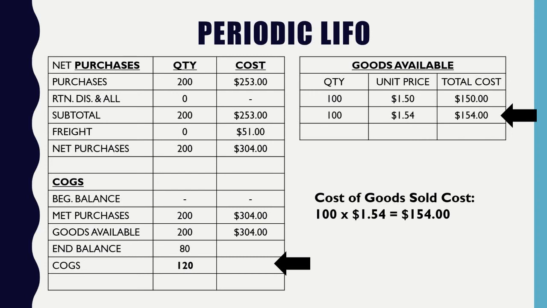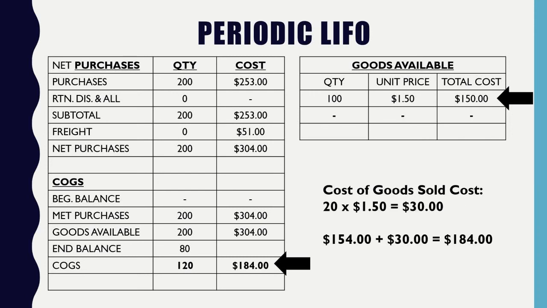So therefore, if I got rid of my last batch, I only have one batch of inventory left, which is the first one, okay? Which is $1.50 each. But in this case, I'm not taking the whole 100. I need to calculate how much it costs me to sell just 20 of those units at $1.50. So that's where I have to do a separate calculation.